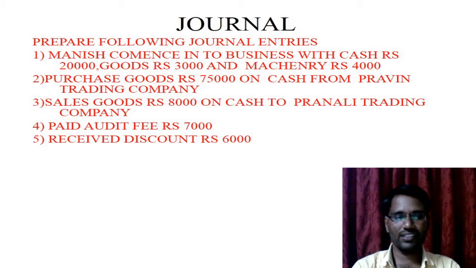Just we have to discuss how you classify the accounts from the particular transactions and how you apply the rules of these accounts. So students, we are going to classify and apply the rules of accounts.